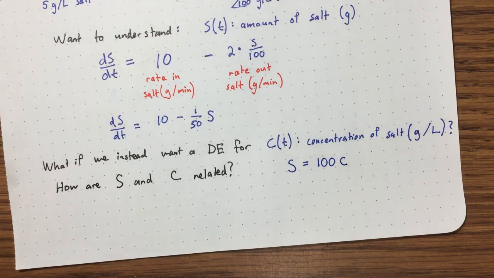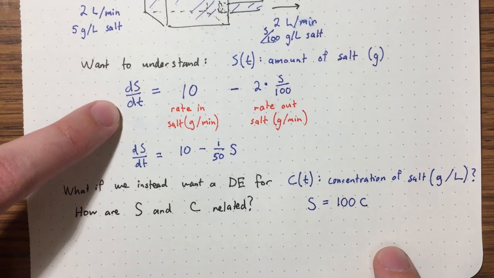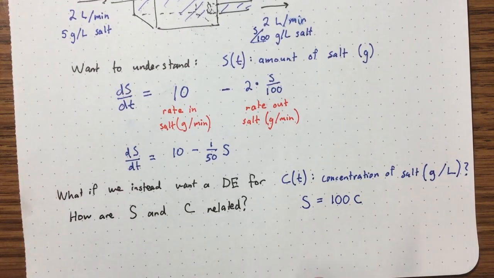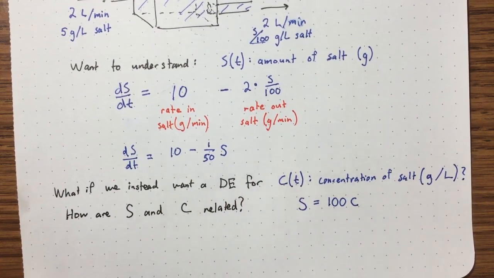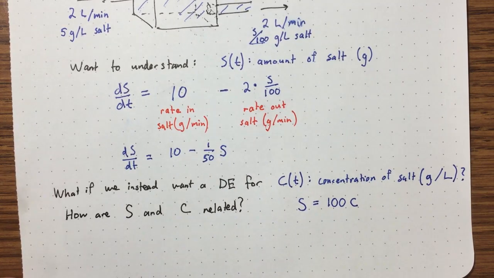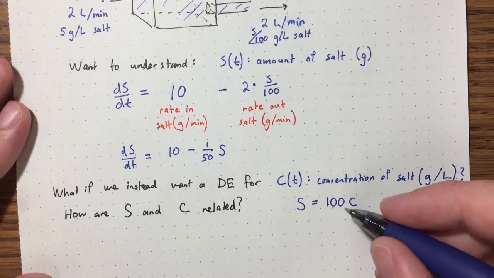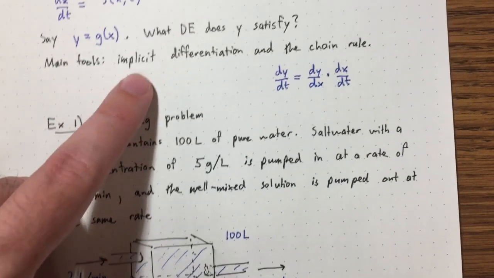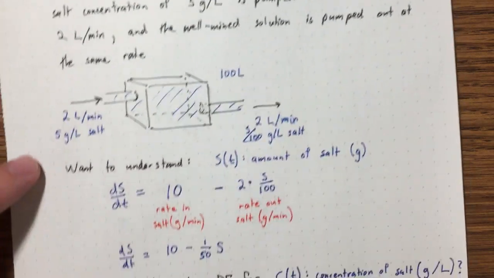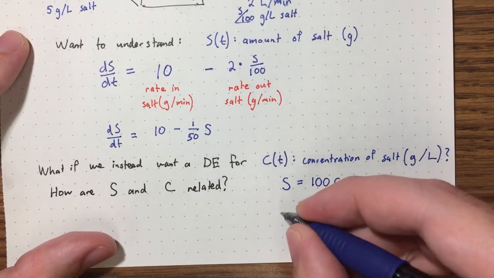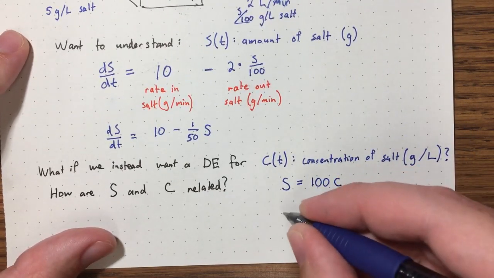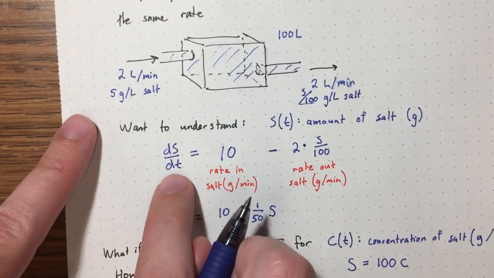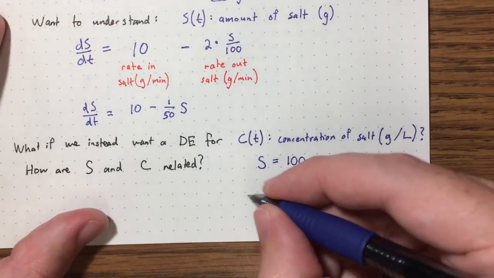Now what is the relationship between ds dt and dc dt, which is what we want to write down. We want a differential equation that we can solve for C of t. And this is where we're going to use implicit differentiation. So the idea is you take the derivative of both sides of this equation, but with respect to t, right? Because we want these dt's to appear.